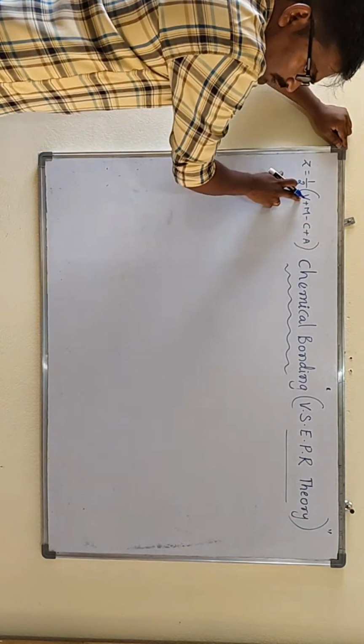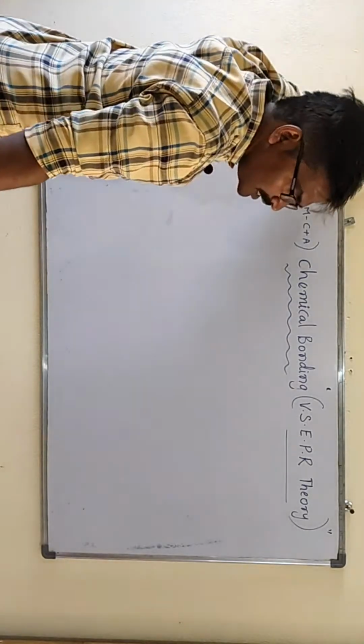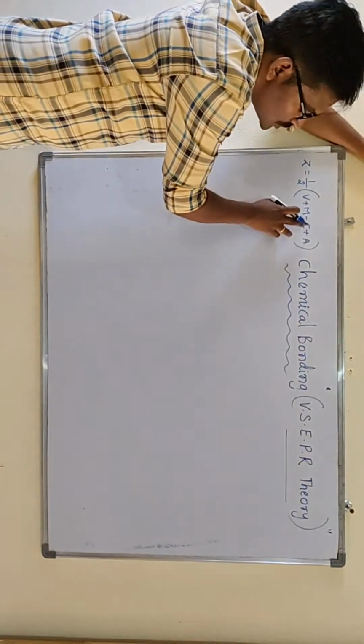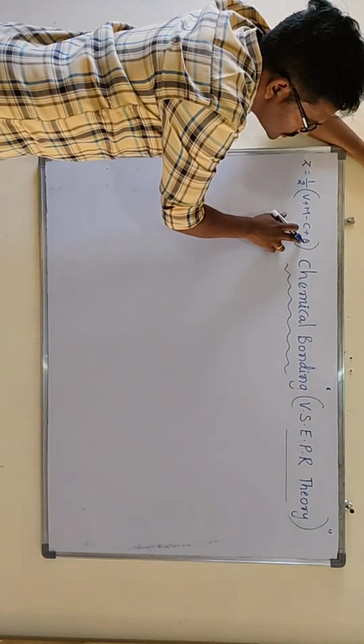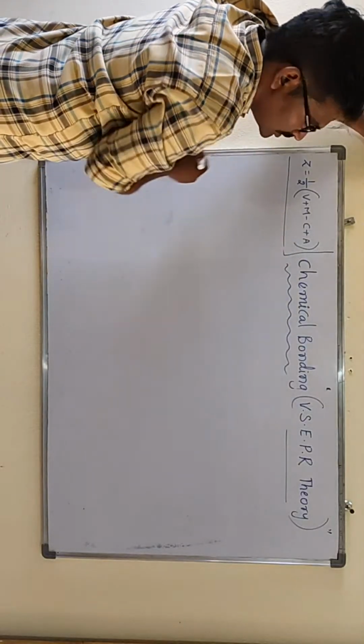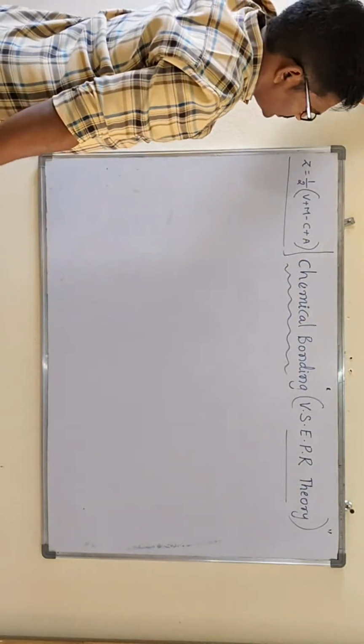What is V? Valency electrons in the central atom. M, monovalent atoms. C, charge of cation. A, charge of anion. So this is the formula. Just remember this formula. So now come to the point.